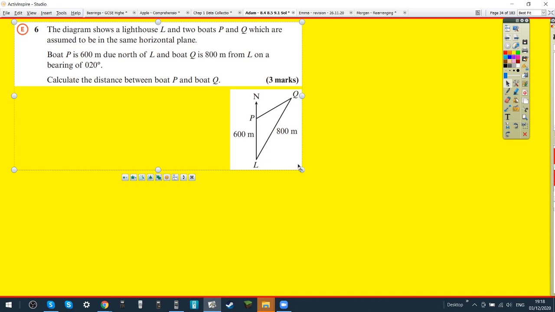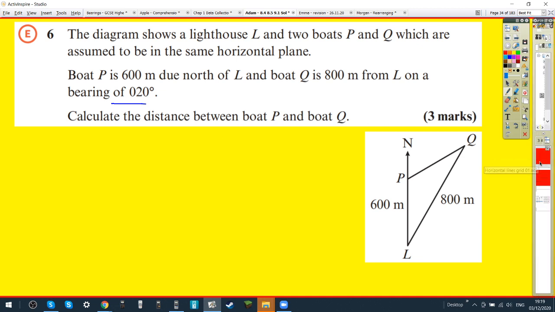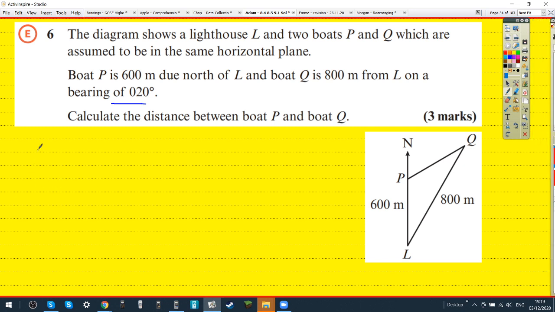Calculate the distance between boat P and boat Q. So would the bearing be the bottom of the triangle?